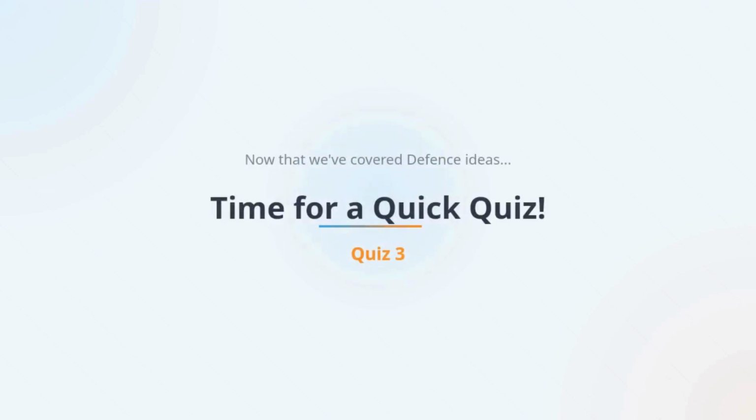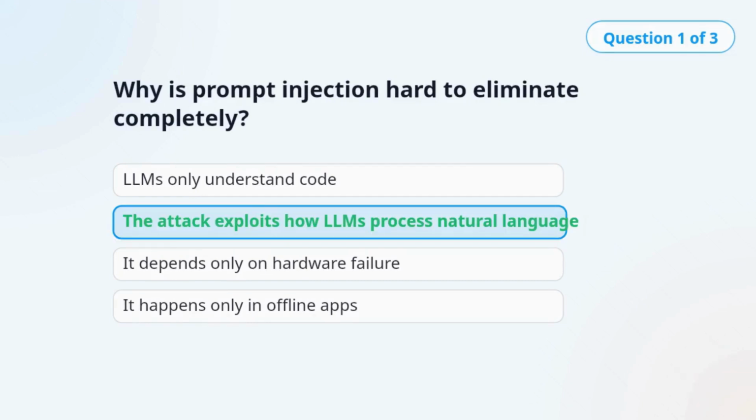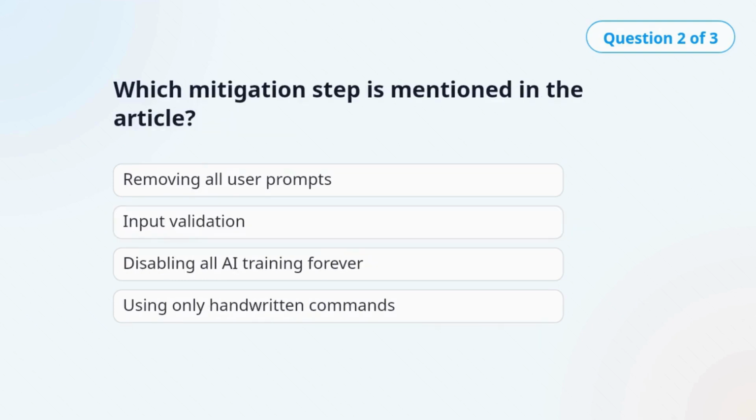Now that we've covered defense ideas, let's test what we've learned so far. Here's quiz number 3. See if you can get it right. Question 1. Why is prompt injection hard to eliminate completely? The correct answer is the attack exploits how LLMs process natural language. Prompt injection takes advantage of a fundamental part of LLM behavior, following text instructions in natural language. Question 2. Which mitigation step is mentioned in the article?